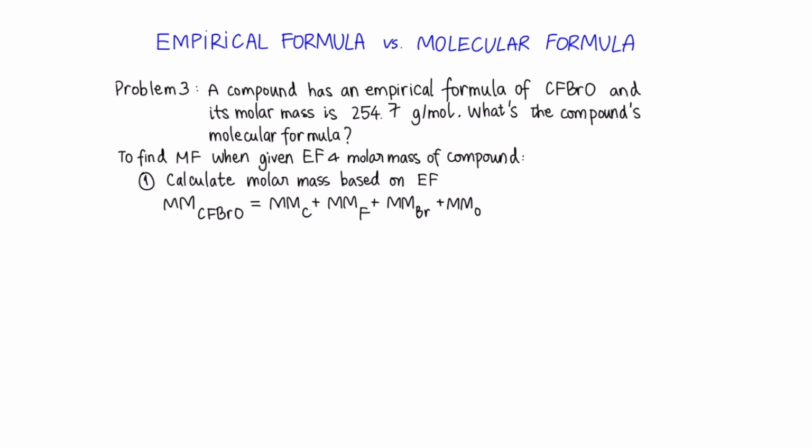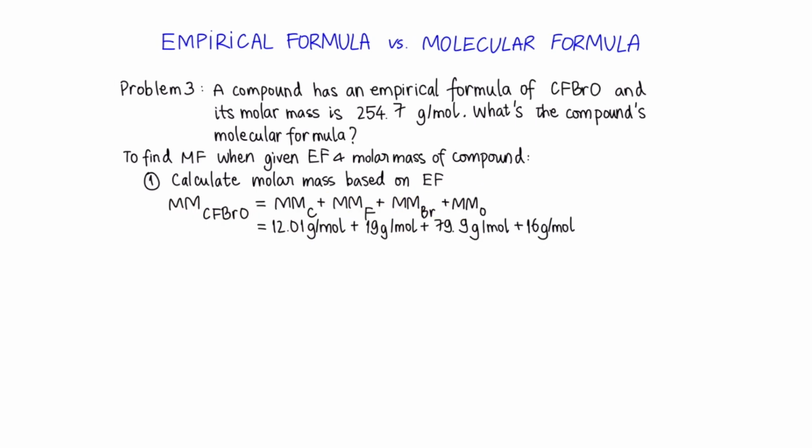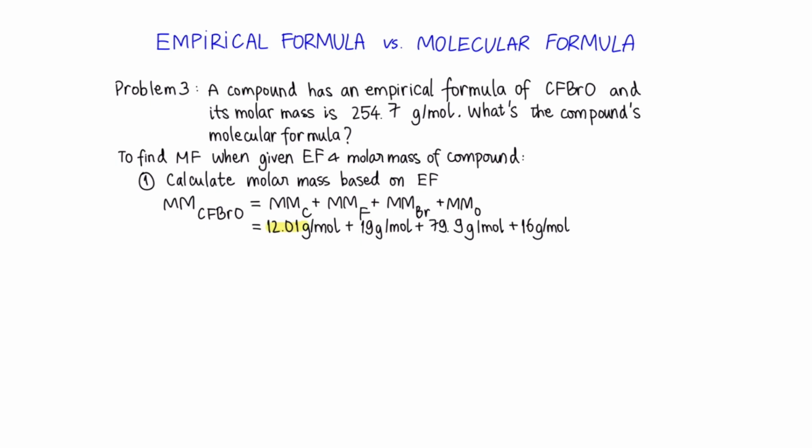So the molar mass of CFBrO, that's going to be the molar mass of carbon plus the molar mass of fluorine plus the molar mass of bromine plus the molar mass of oxygen. That's going to be 12.01 plus 19 plus 79.9 plus 16. And that's going to give us 126.91 grams per mole.